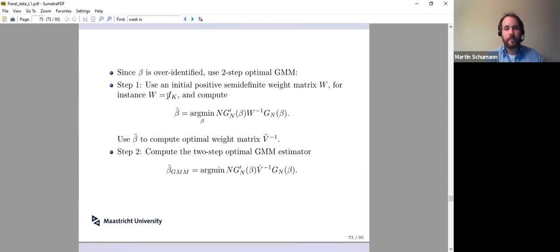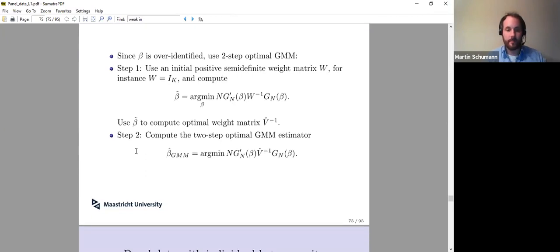In the first step, we choose an initial weight matrix, for instance, simply the identity matrix. And we do an initial minimization to get an initial estimator beta tilde. With that, we compute an estimator of the optimal weight matrix, V hat inverse. And with that, we repeat the minimization procedure and get the two-step optimal GMM estimator.